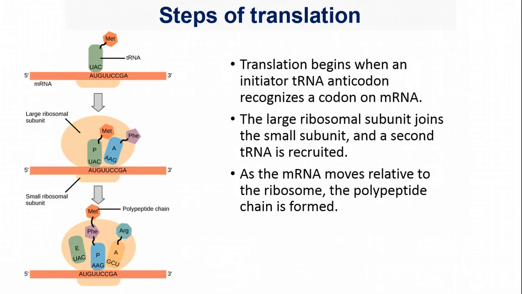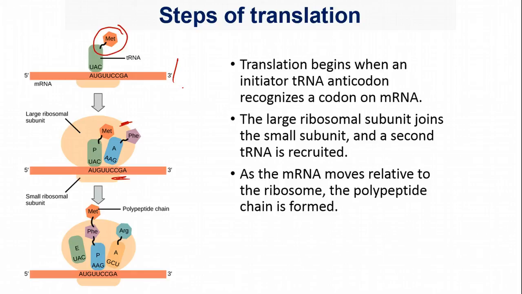So the ribosome has two subunits, a small subunit, seen here below the mRNA, and a large subunit, seen here above the mRNA. So this begins, in step 1, with the initiator tRNA anticodon recognizing the codon of mRNA. The initiator tRNA is always methionine, M-E-T.